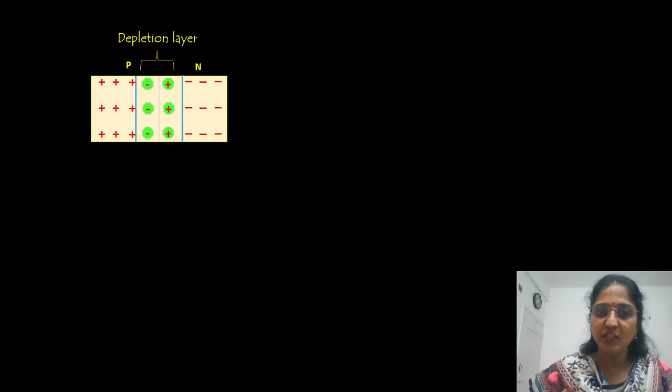Because of this diffusion, ions form near the junction, and this region is empty of free electrons. Empty means depleted, so this region is called the depletion region or depletion layer. So in a PN junction the depletion layer is formed.